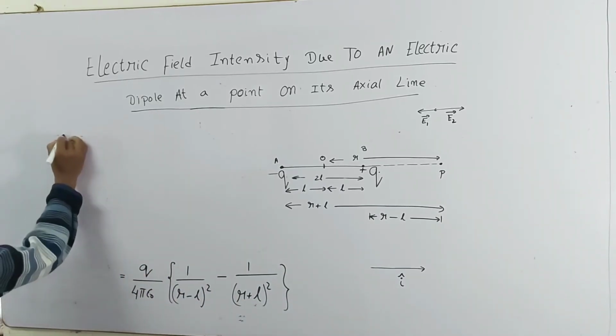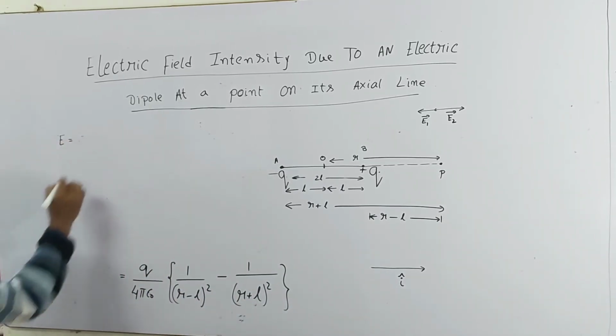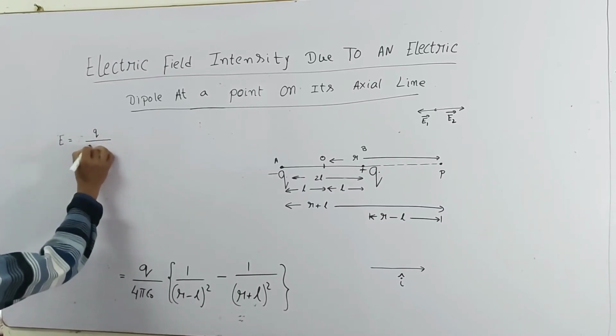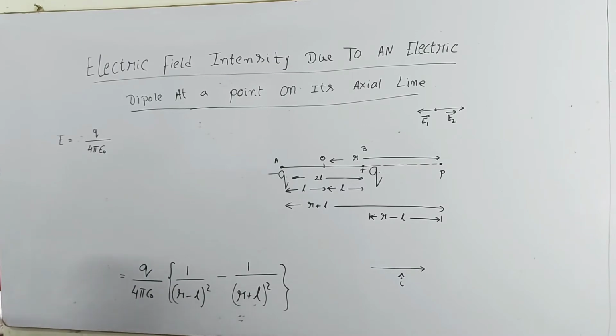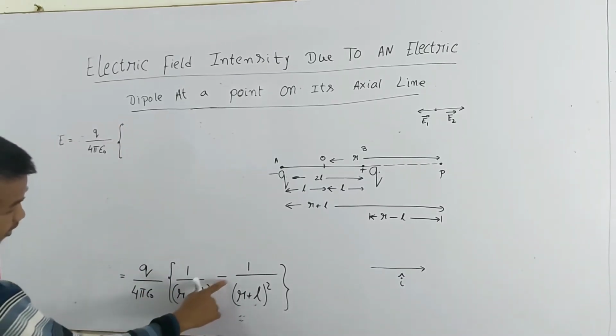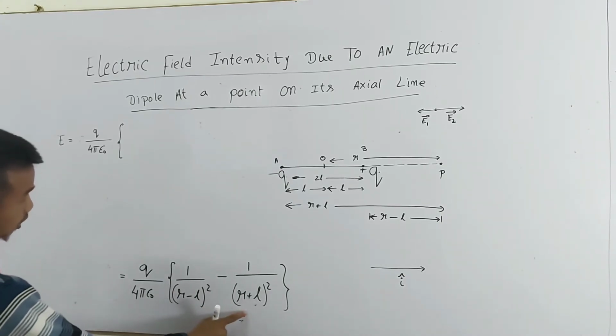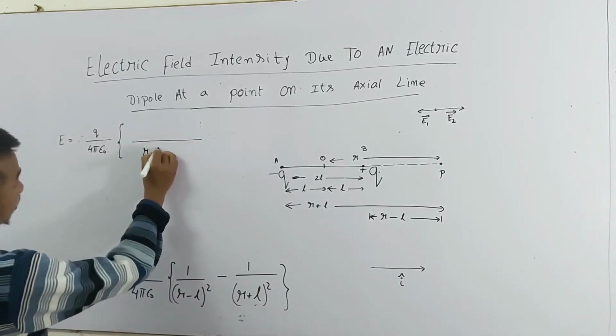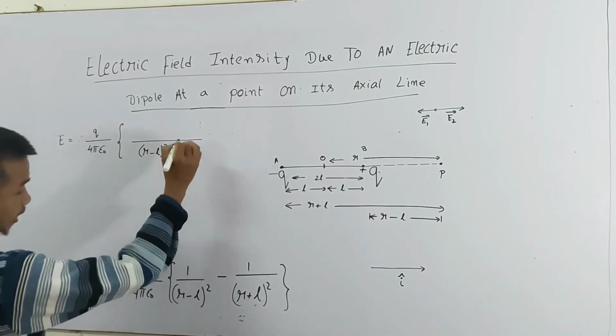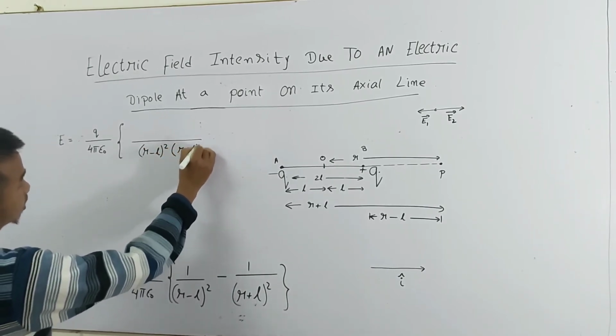Then E is equal to Q by 4 pi epsilon naught, then 1 by (R minus L) whole square minus 1 by (R plus L) whole square. For these two, we can find the LCM, which is (R minus L) whole square into (R plus L) whole square.